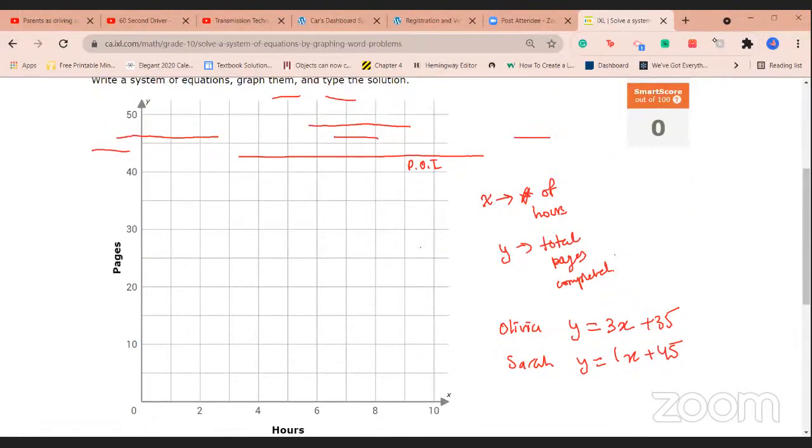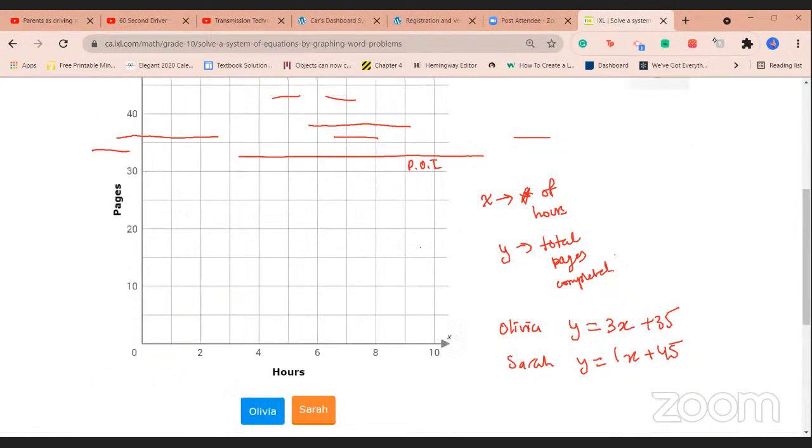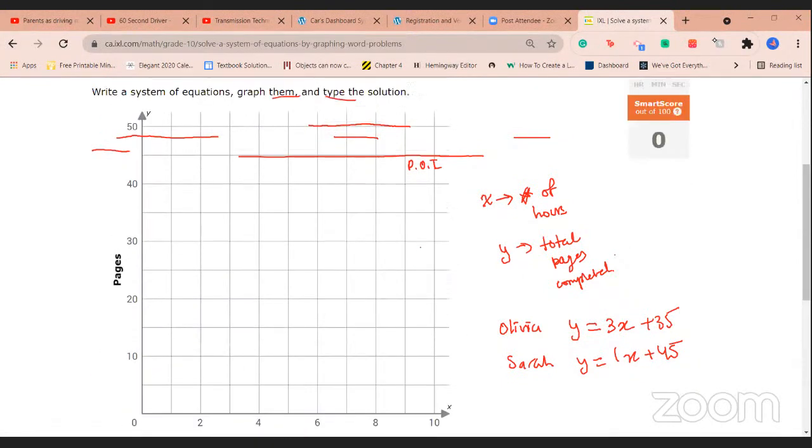Okay, so now for Olivia, the coordinates are (0, 35). The slope is 3 up and 1 right.